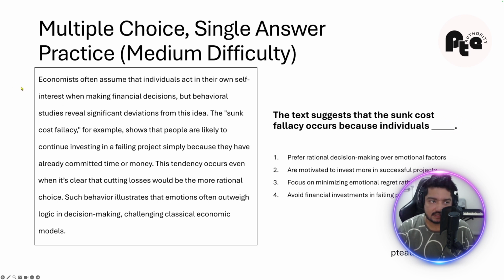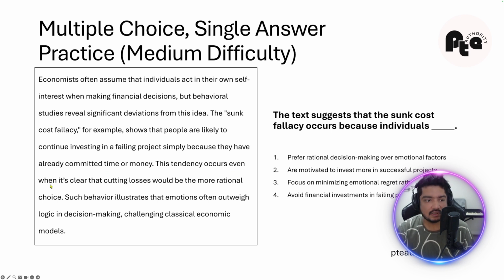Now let's read the text. Economists often assume that individuals act in their own self-interest when making financial decisions, but behavioral studies reveal significant deviations from this idea. The sunk cost fallacy, for example, shows that people are likely to continue investing in a failing project simply because they have already committed time or money.